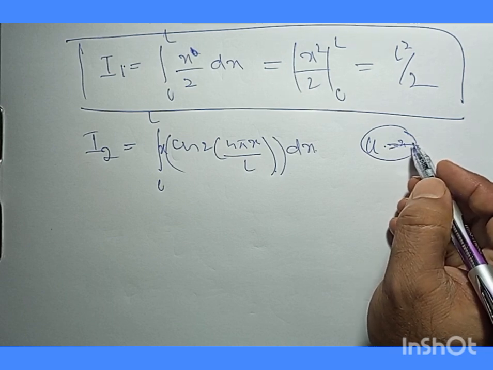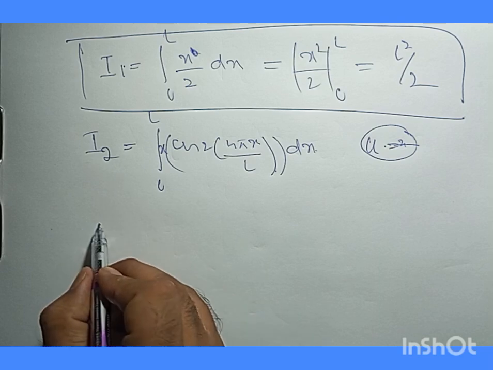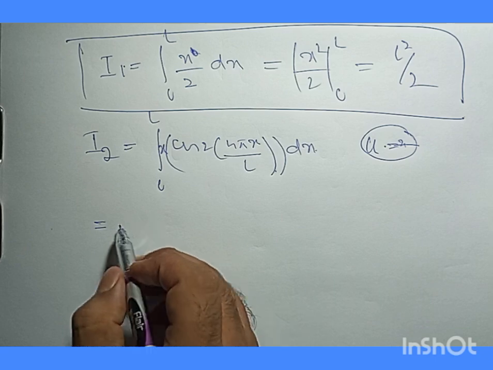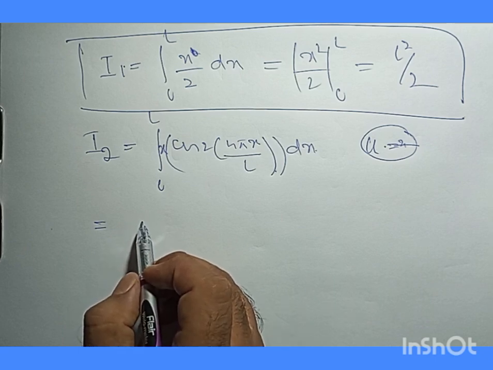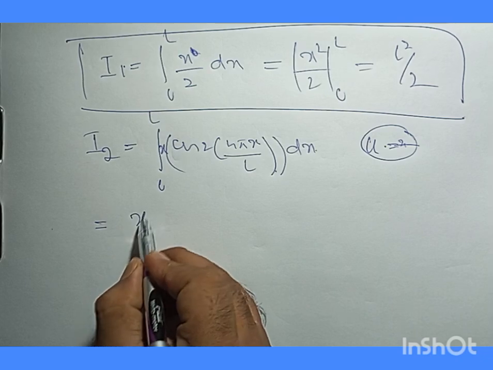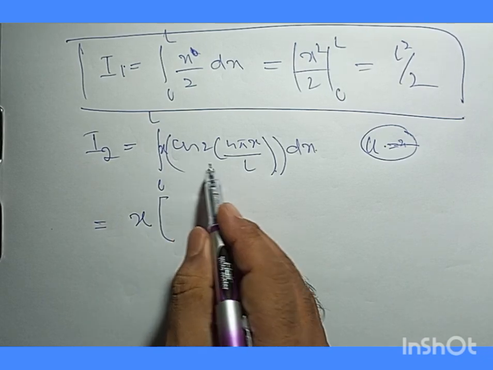The best thing is to integrate it. So how do we integrate? We have u, and then we will have the integration of v. I will take x as u. Then we will have the integration of v.